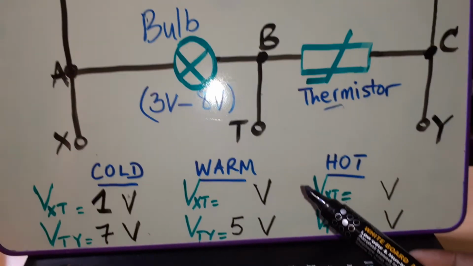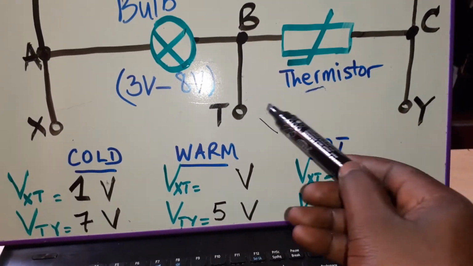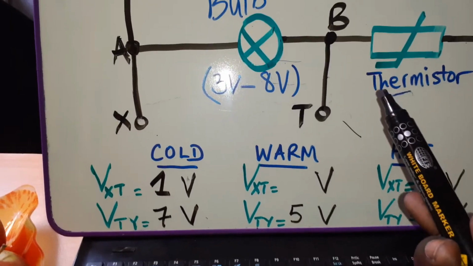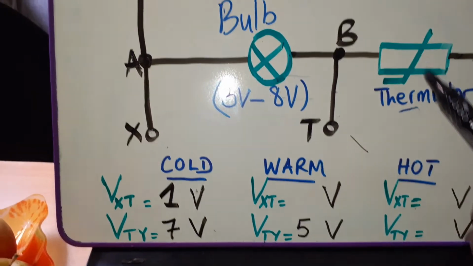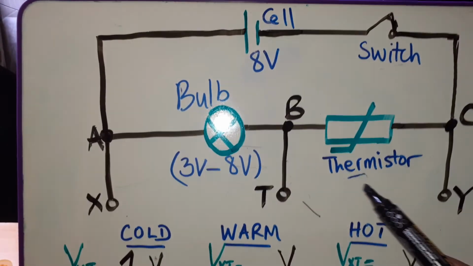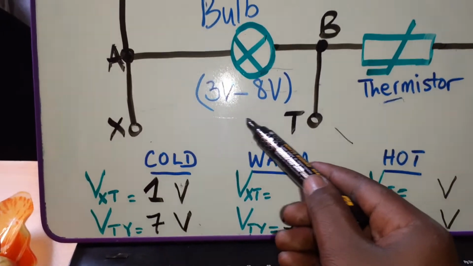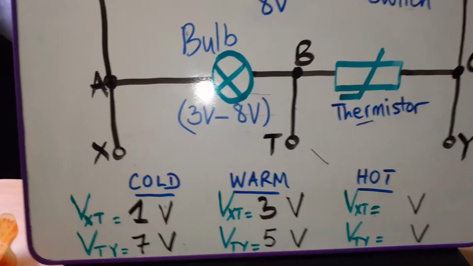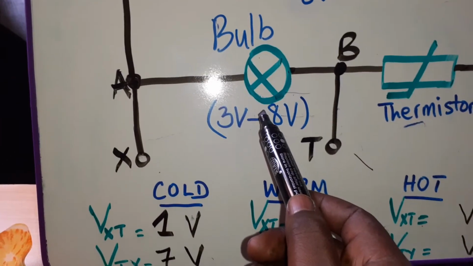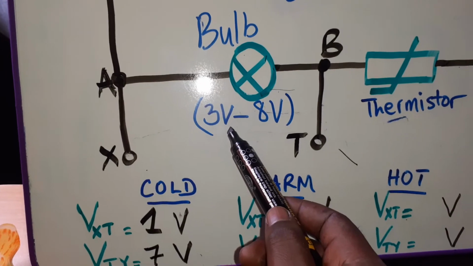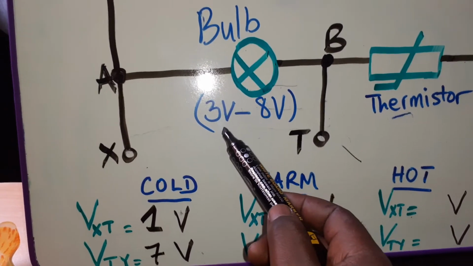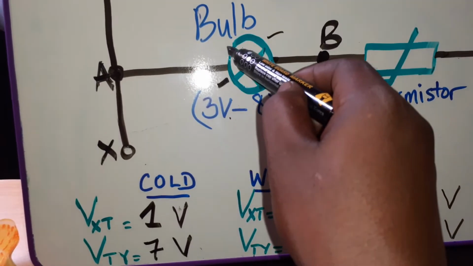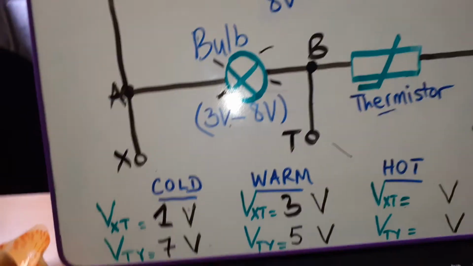If the voltage across TY is 5 volts, what is then the voltage across XT? 8 volts minus the 5 volts gives us 3 volts. So the voltage across XT is 3 volts. Remember, when describing the specification of this bulb, we said the minimum voltage required for it to give some light is 3 volts. Since the voltage here is 3, this bulb is going to begin giving light, much as it is dim light.